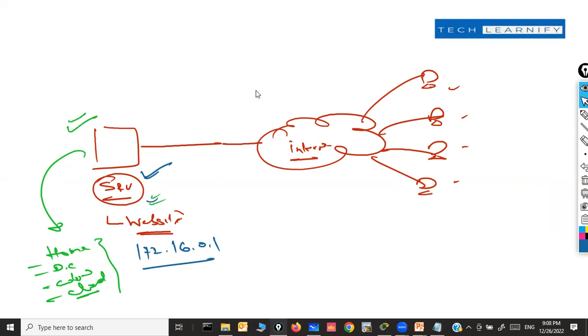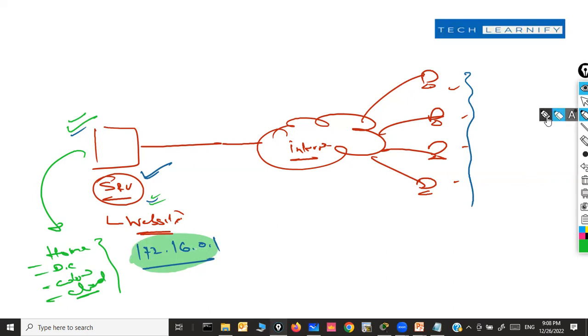The problem is access. How would this server be accessible? No one would be able to access your server. Why? Because the IP is a private IP address. Private IP means not recognized over the internet.